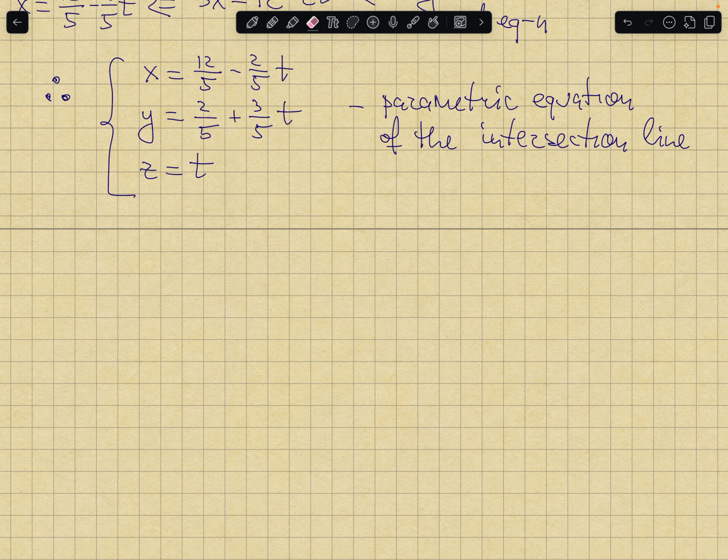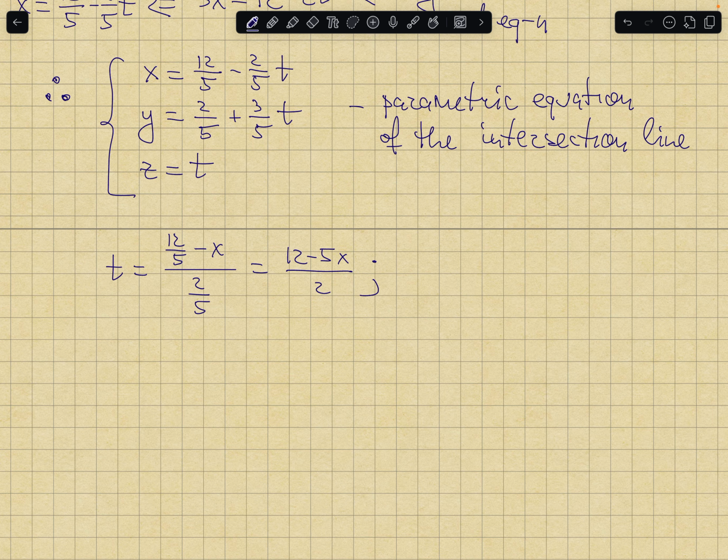From the first equation, t is equal to 12/5 minus x divided by 2/5, which by the way is the same thing as 12 minus 5x over 2.